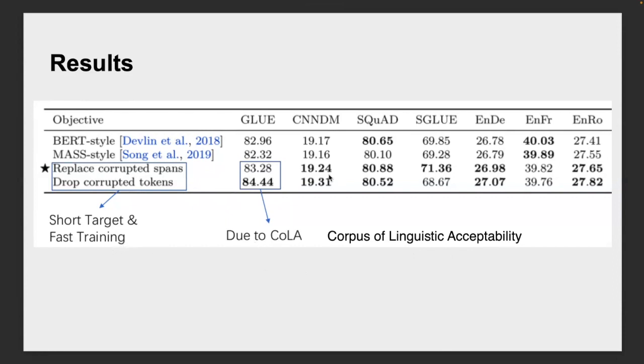So it seems like if you just use corrupted spans of words and predict the words for the tokens, it wins over many different tasks. I think these two are comparable, except for SuperGLUE, where the corrupted spans has a lot of wins.